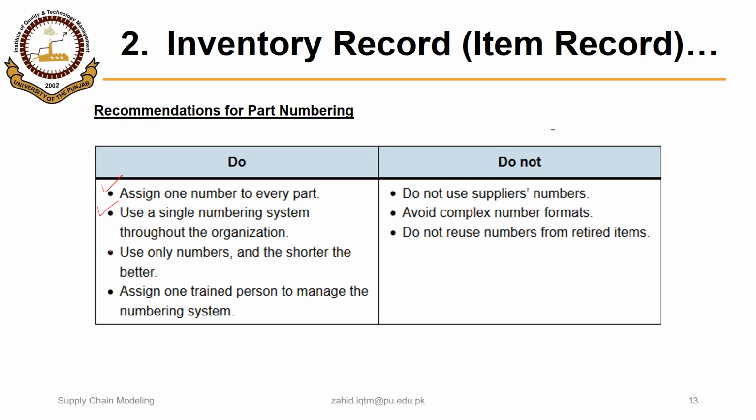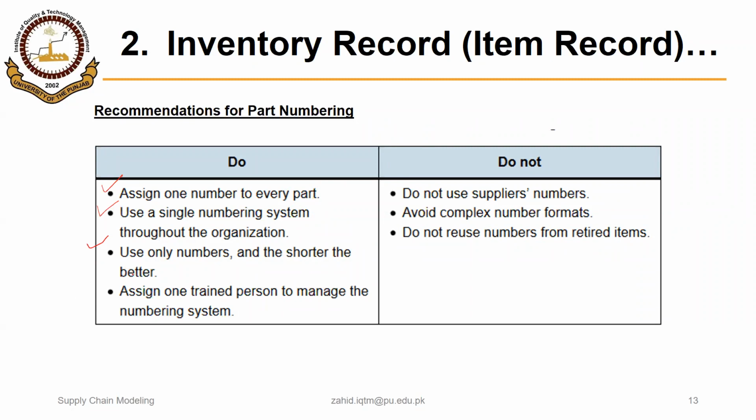If you use multiple numbering systems, of course, they can cause confusion. Use only numbers, and the shorter the better. There is a general understanding that we should use alphanumeric codes. You can use alphanumeric codes, that is not forbidden, but it is better to use only numbers because they are easy to use and interpret.